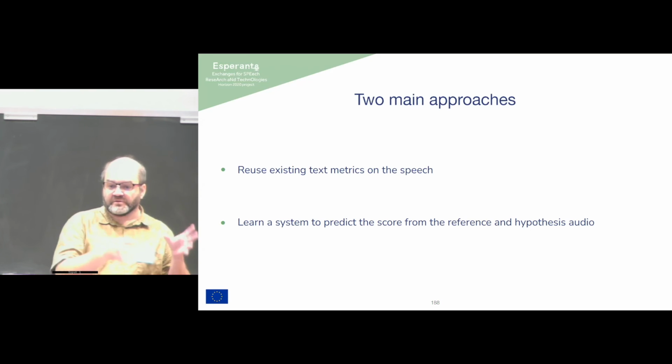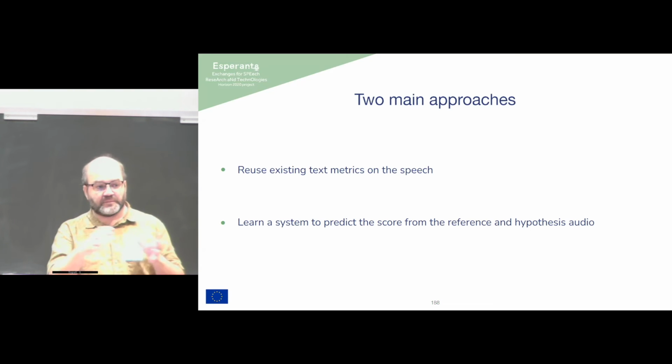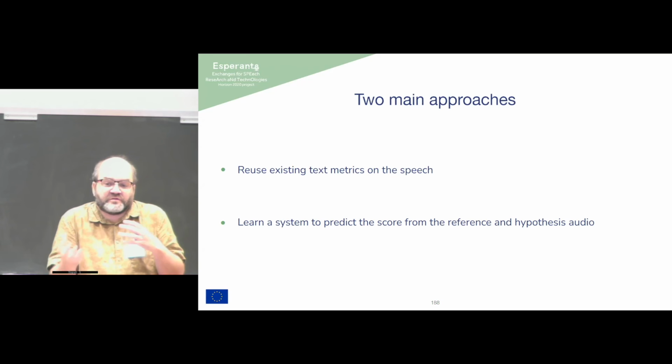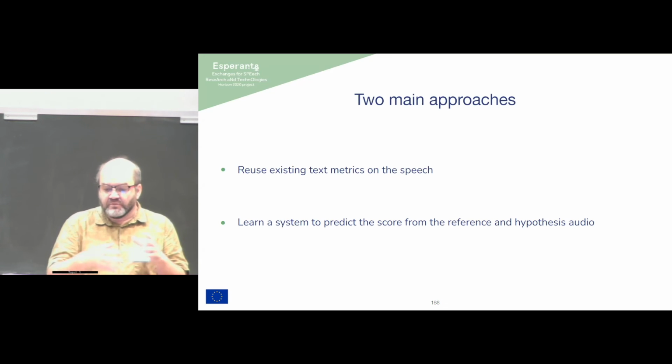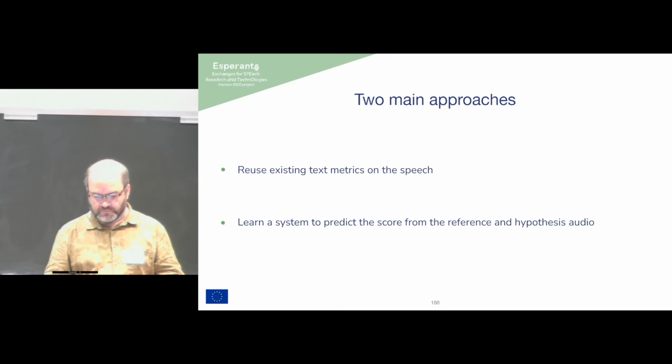So if you have segments of speech in the hypothesis that appear in the reference, it's good. And it's possible to compare segments of speech, at least in theory. So maybe we can create things from the speech on which we can use the metrics. The other way is to learn a system to predict the score directly from a reference and hypothesis audio.